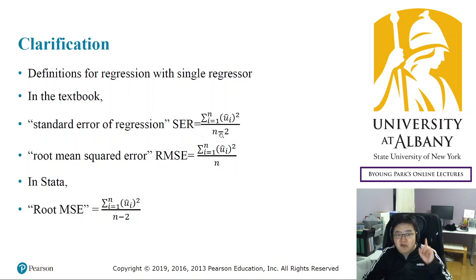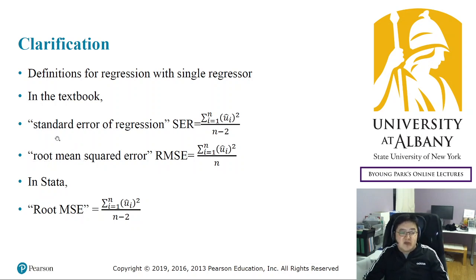Remember, the 2 in n-2 comes from the number of parameters you are estimating, the intercept and the slope. So there were 2 parameters, so you have to subtract. You consume this much information before calculating the standard error of the regression. So to calculate the residuals, you need to take out this much information.